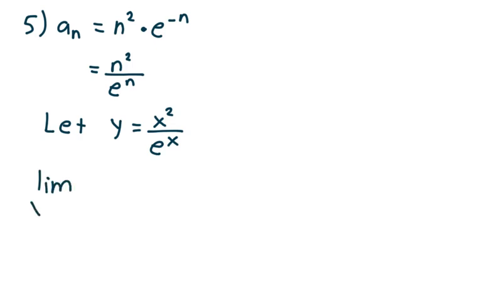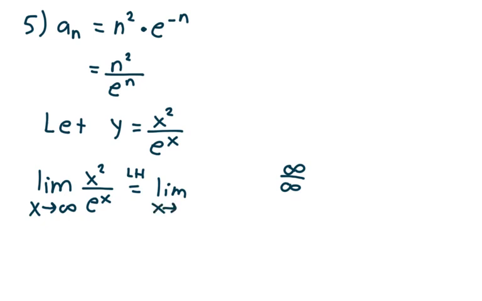So if we look at the limit as x goes to infinity of x squared over e to the x, notice if I replace x with infinity, I get infinity over infinity. So by L'Hopital's rule, this is the limit as x goes to infinity of 2x over e to the x, taking the derivative of the numerator and dividing by the derivative of the denominator.